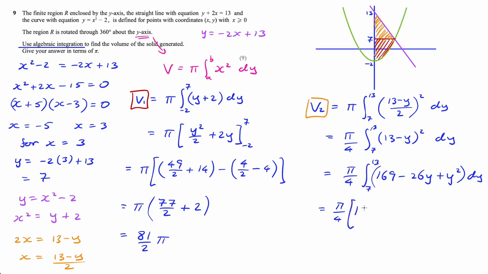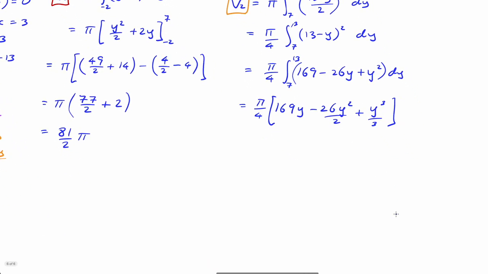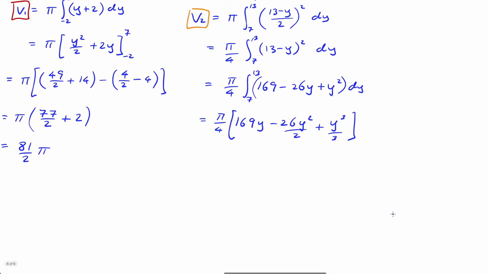So it's 169y minus 26y squared over 2 plus y cubed over 3. Okay, I'm going to, guys, give myself more space. And this is from 7 to 13. Okay, now we go pi over 4, square brackets, sub in my 13.